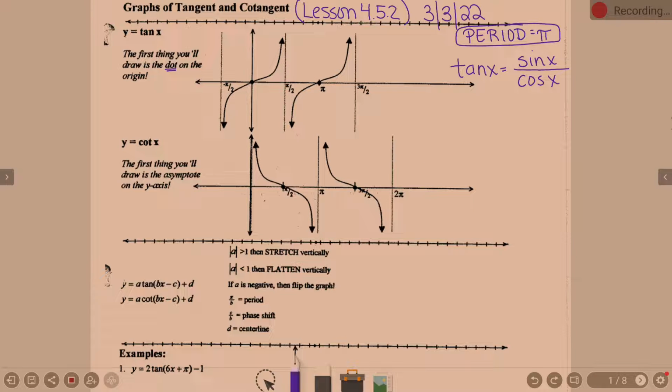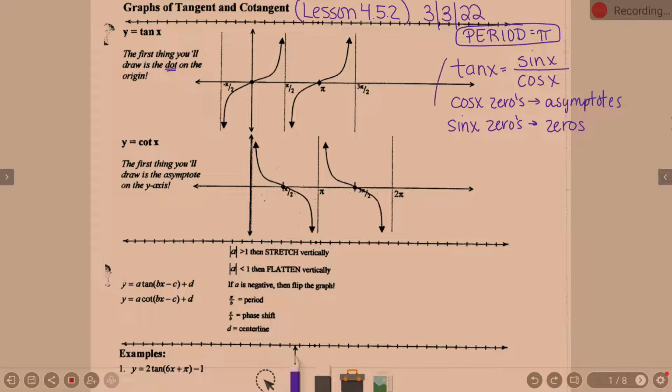The zeros of cosine will be asymptotes of tangent. And the zeros of sine will be zeros in tangent.